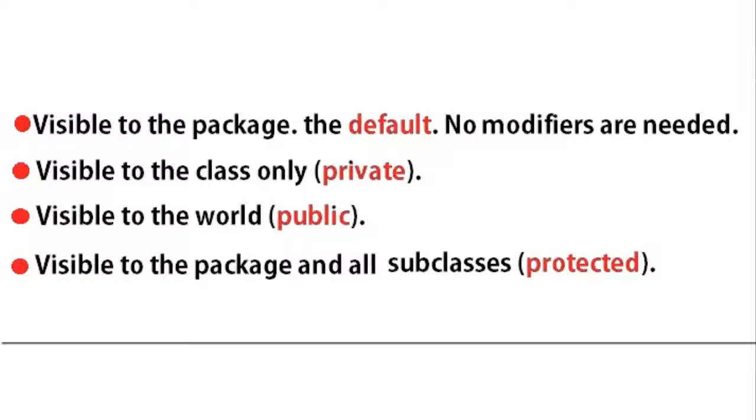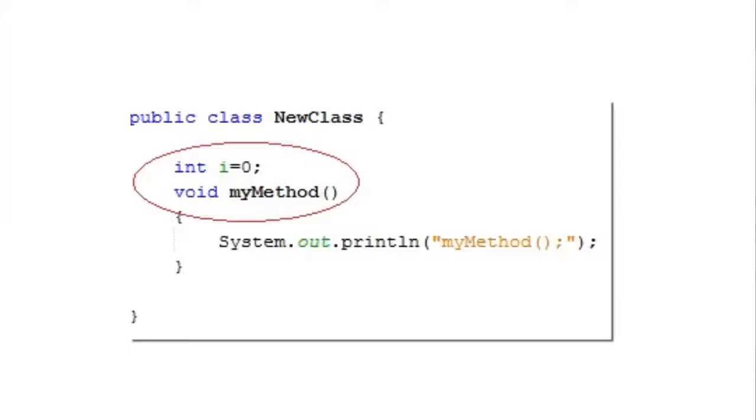Okay, what is the default modifier? A default modifier is a keyword that you do not type in your IDE or in your code. It's just used automatically in Java. For example, you can write void myMethod, the declaration of your method and the code inside that method, and you didn't write what kind of access modifier it has.